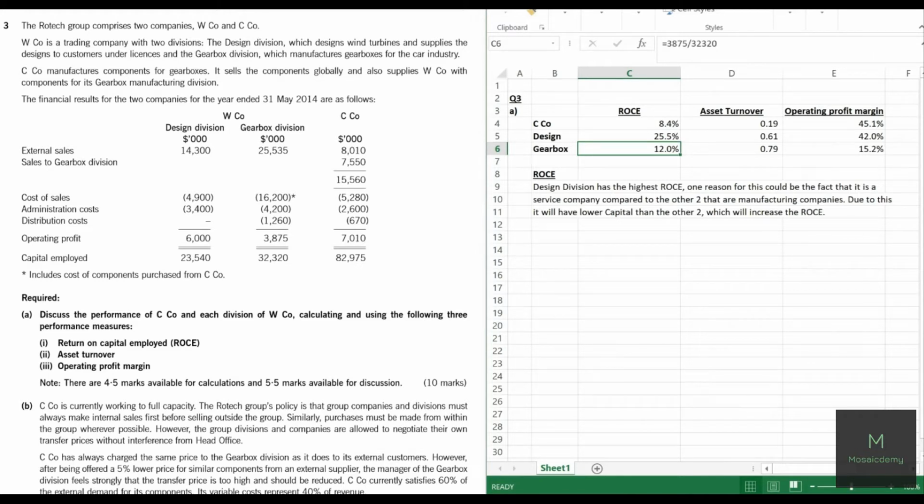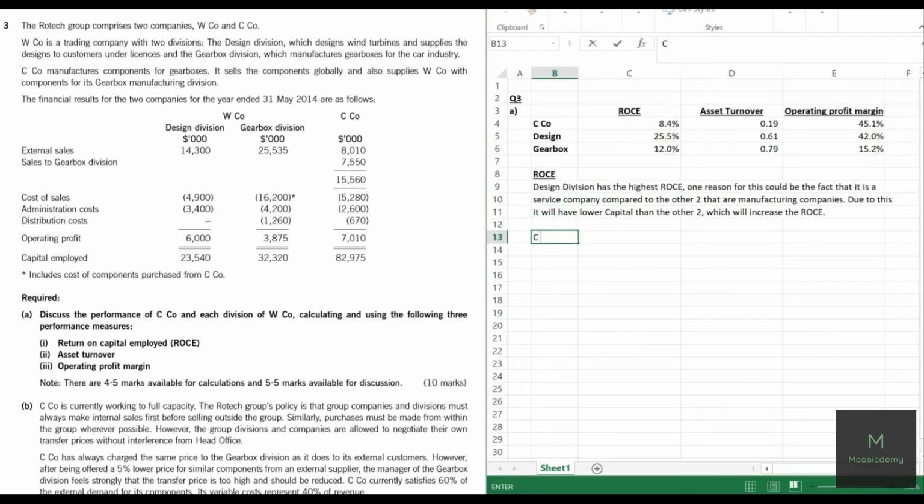CECO manufactures components for gearboxes, and it sells components globally. So Gearbox's operations seem to be limited locally, whereas CECO is multinational all across the world. And if you're a multinational compared to a local company, where do you expect to find more capital and assets? Obviously in the multinational, because they'll have factories and premises all across the world, right? So that's the second point we can make.